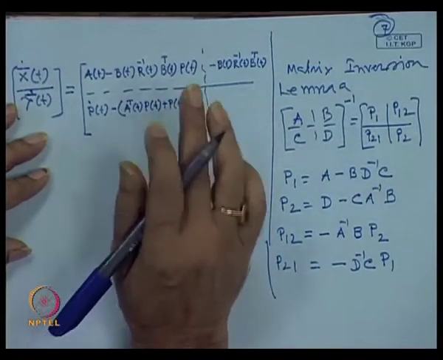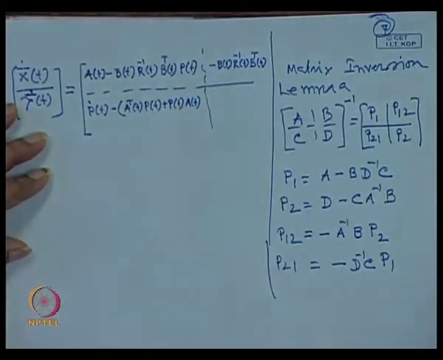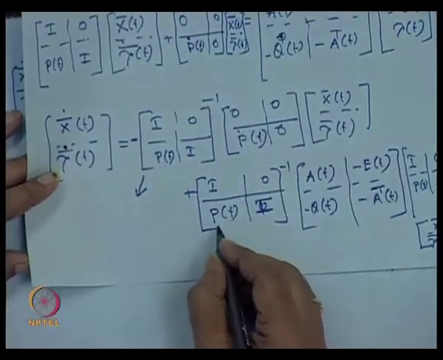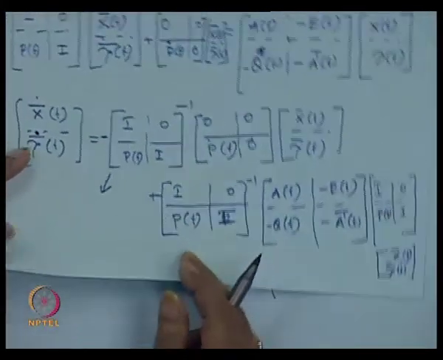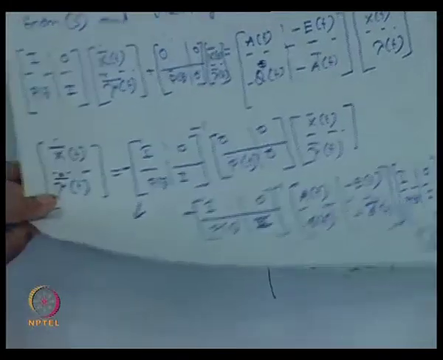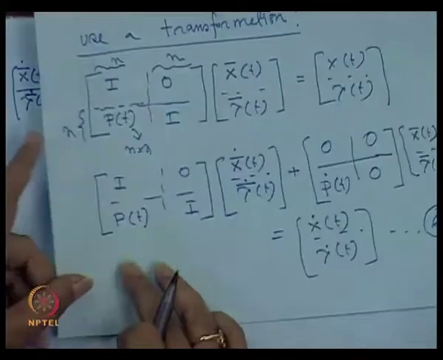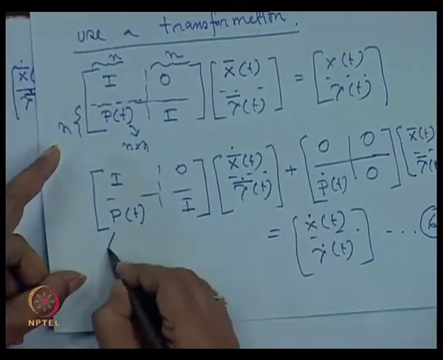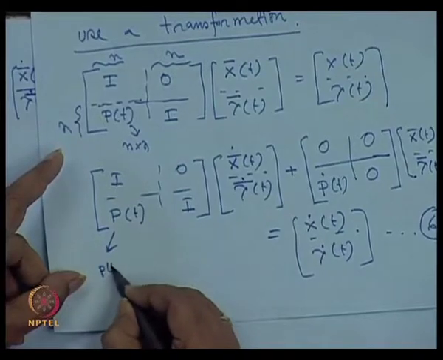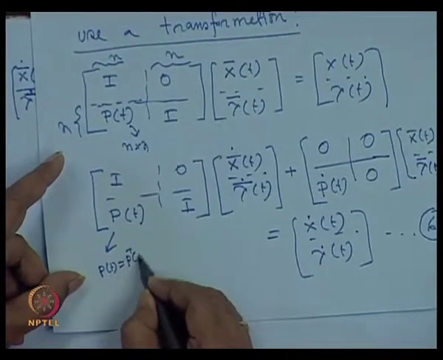Please remember that P is a symmetric matrix. Here we have just considered P to be a symmetric matrix in the transformation, so you can say P is equal to P transpose of t.